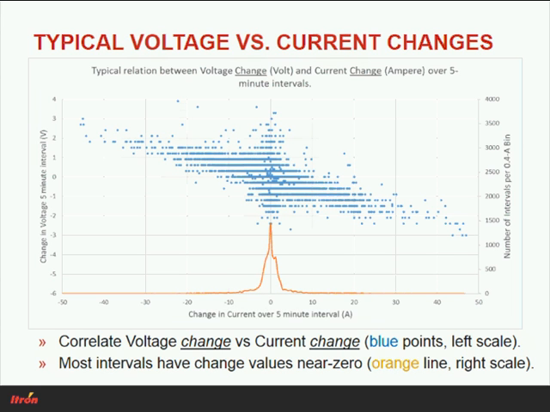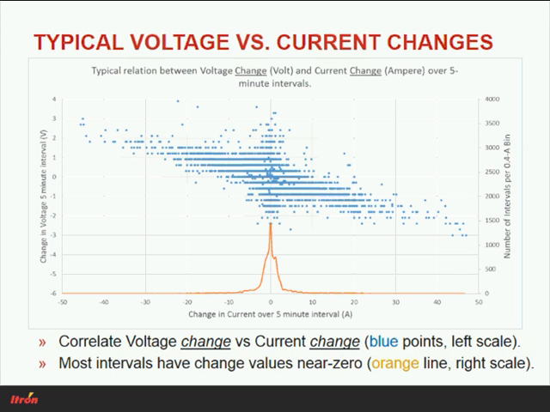In this case, the change in voltage is on the vertical axis, and the change in load expressed as amps is shown on the x-axis. The orange curve represents the number of intervals in each of these bins. In other words, most of the change in voltage and change in current are very small. That's why this curve peaks around 0.